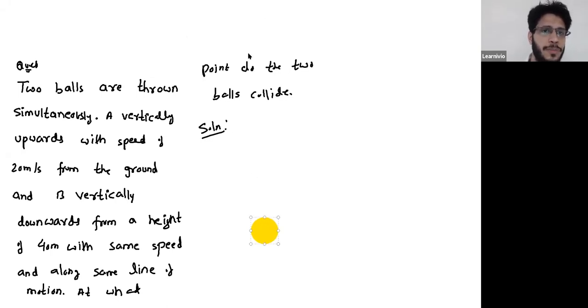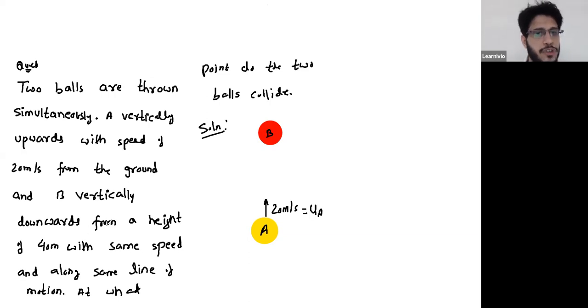And this is ball B. This is dropped from it. So this is ball A and this is ball B. Ball A is thrown vertically upwards with some velocity of 20 meter per second. Means the initial velocity of ball A is 20 meter per second. And ball B vertically downwards with the same speed.